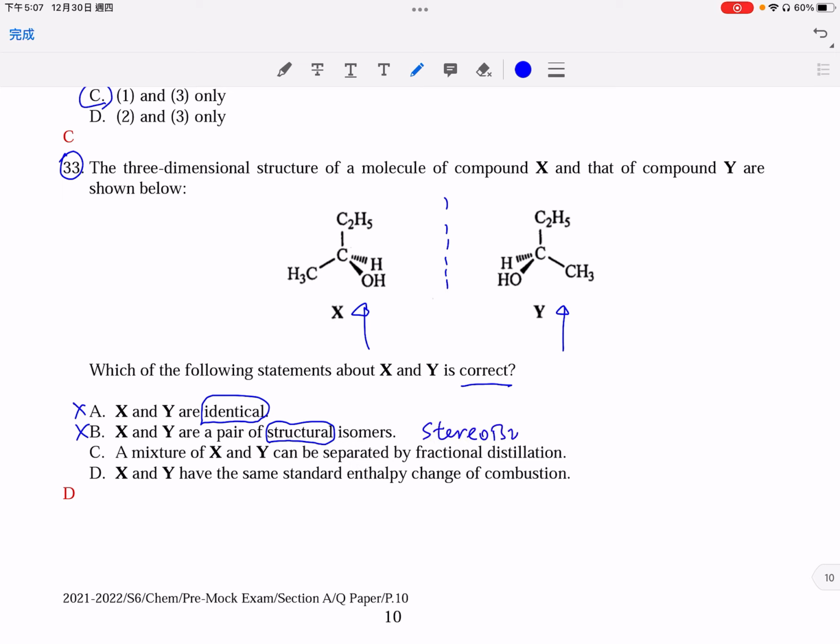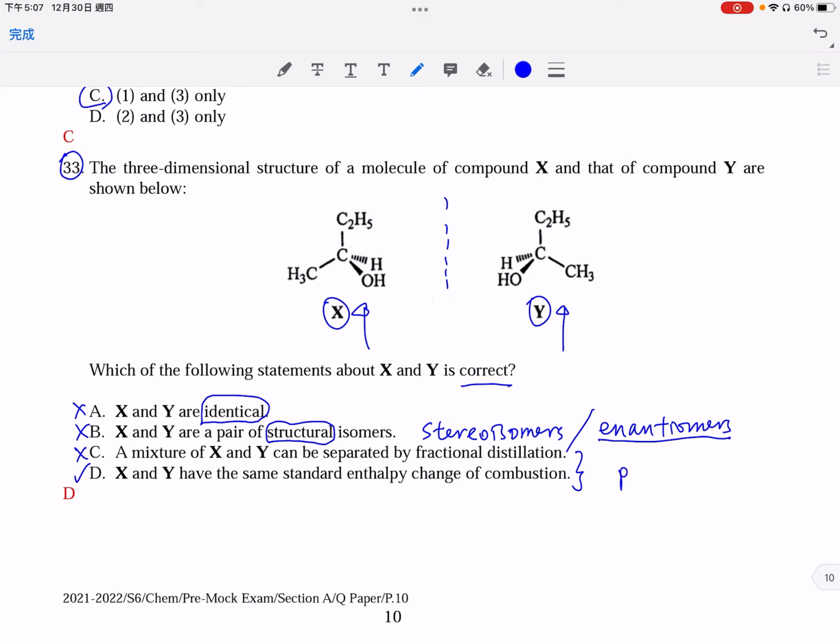Statement C is also incorrect. Only statement D is correct. It is because a pair of enantiomers, that means, for example, X and Y, will differ in the property.